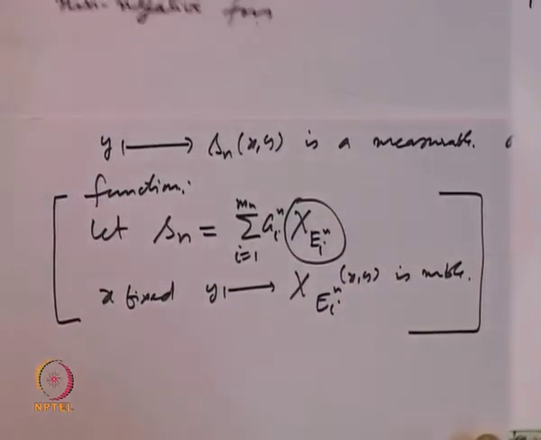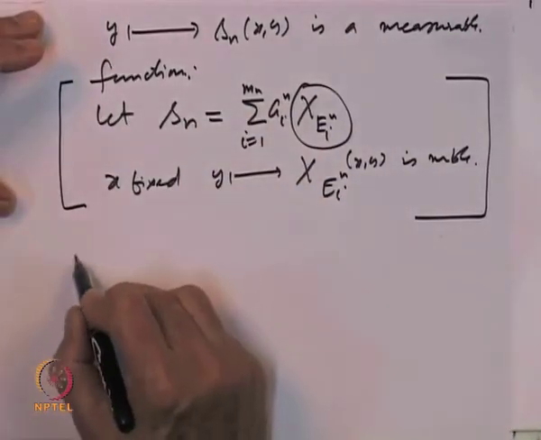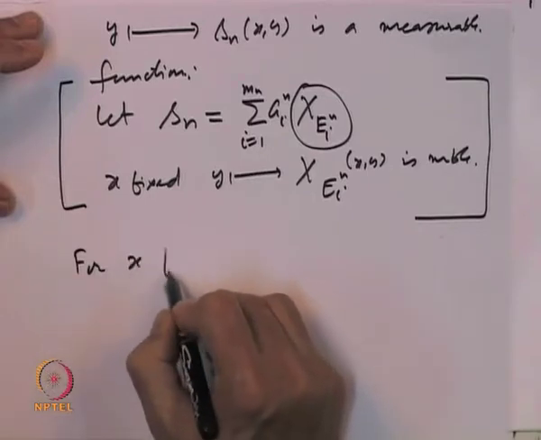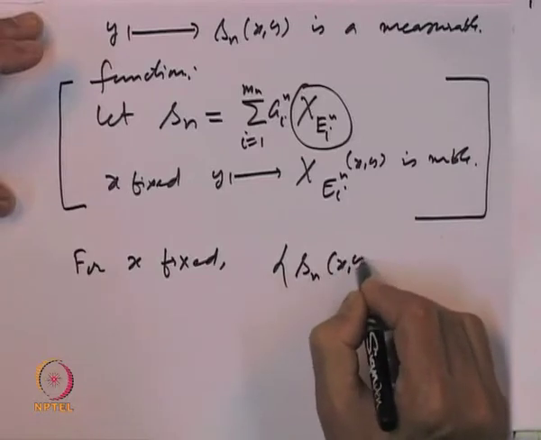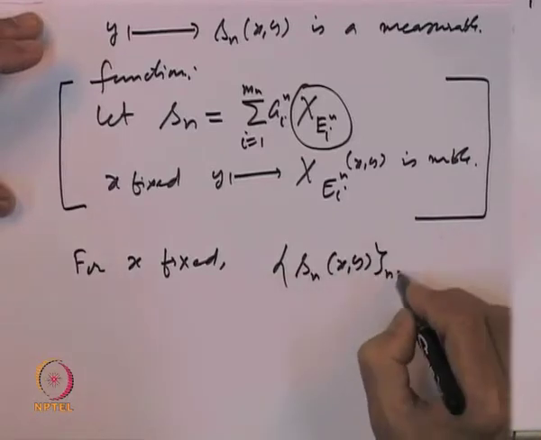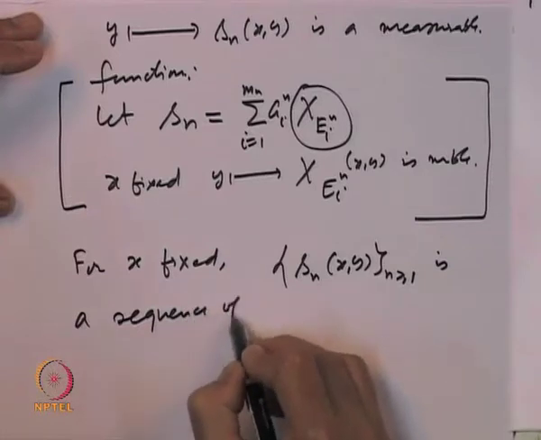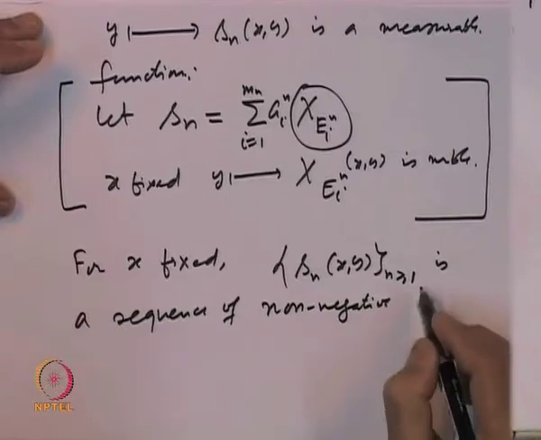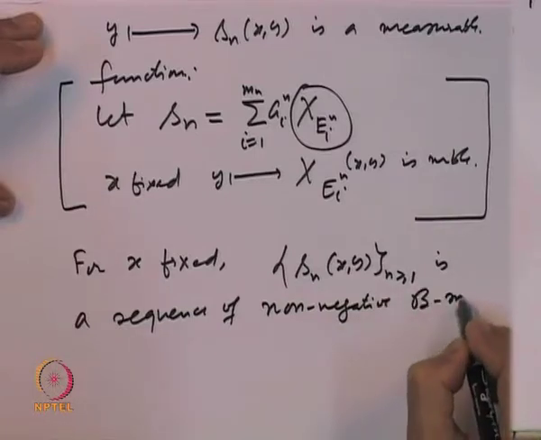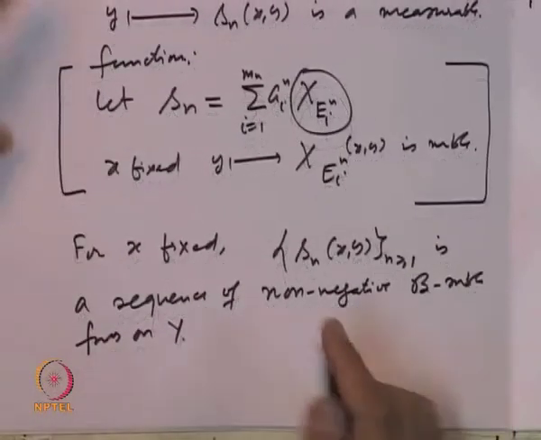So, for x fixed, the sequence S n of x, y over n is a sequence of non-negative measurable functions on y, and also it is increasing.